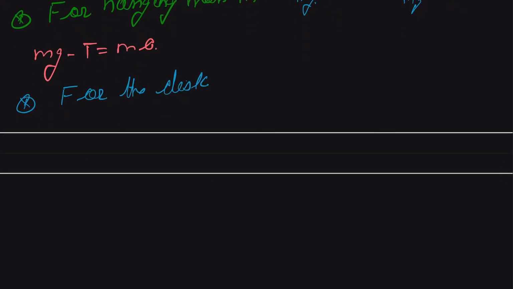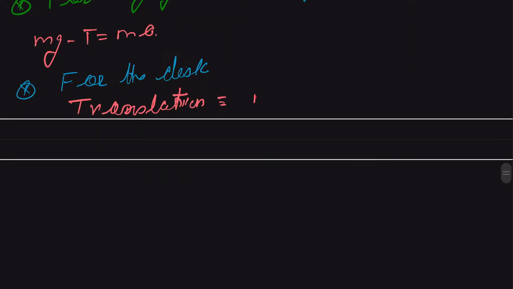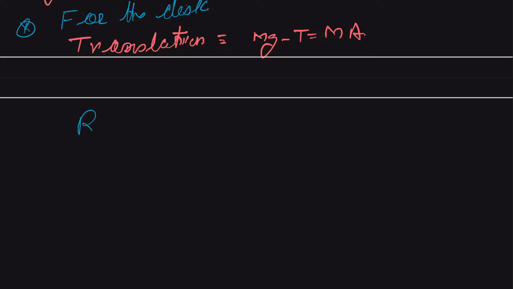One is translational, and in translational, it is moving in the downward direction with acceleration capital A. So we can write this as Mg plus T is equal to mass into the acceleration, and then it is going to have a rotational motion, and for that there will be torque acting.